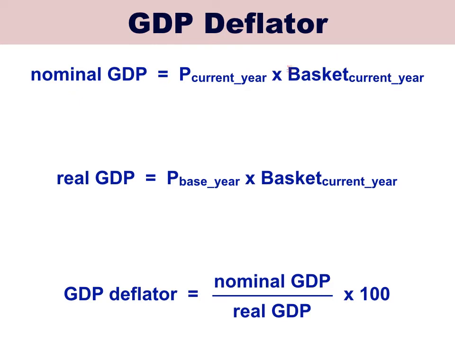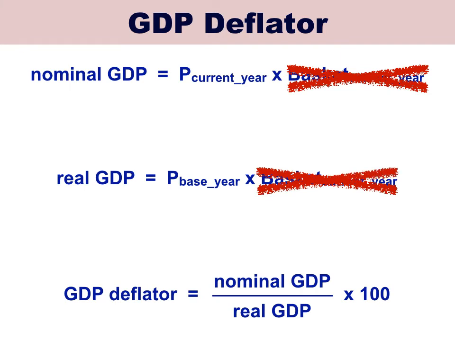In a virtual sense, we see that the current year basket and the current year basket are virtually canceling out, which means that we end up with the current year price divided by the base year price.